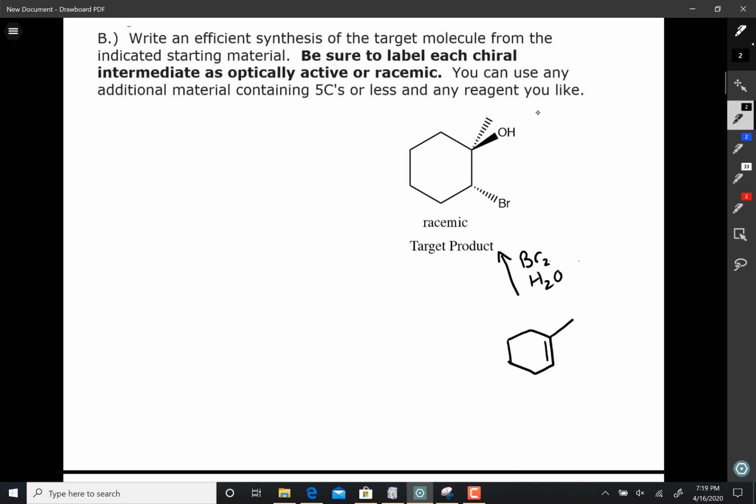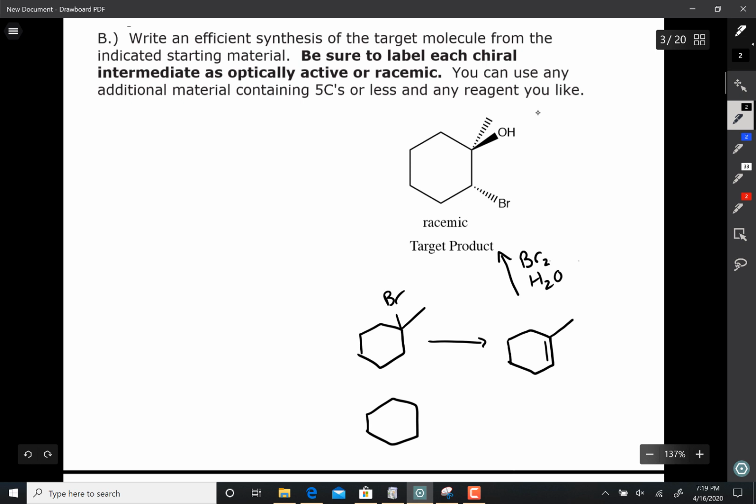Well, that alkene is made by elimination reactions. We can eliminate a bromide from there, or we can eliminate a bromide from here using a base.